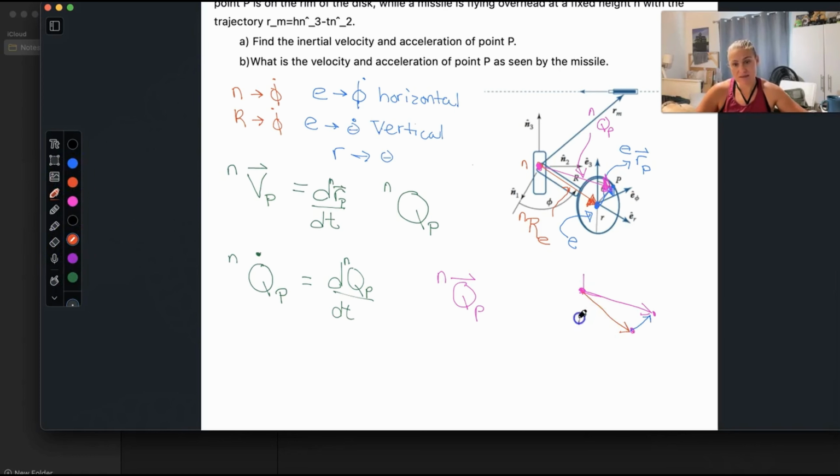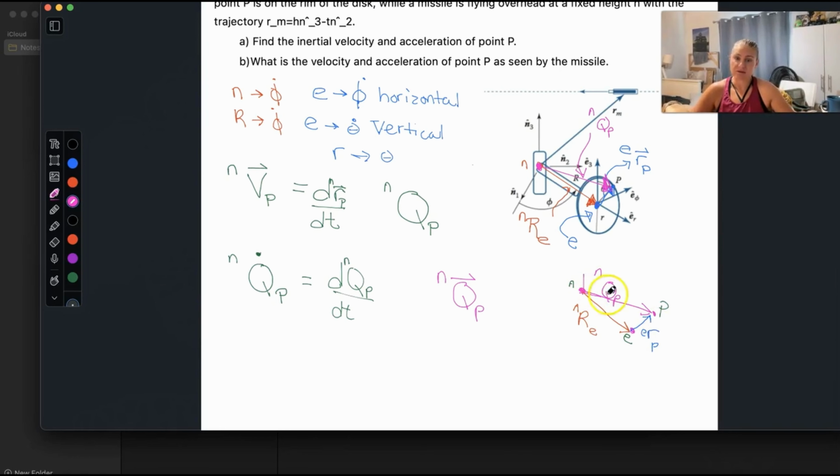So we're just going to put the names on here so we know where we're at. This is little r. Little r points to P from E. Remember that this is P, this little guy is E, and this little guy is N. And then we have our large pink vector, the one we just made, that wasn't given to us, which is Q P N. So this is really just relative position.